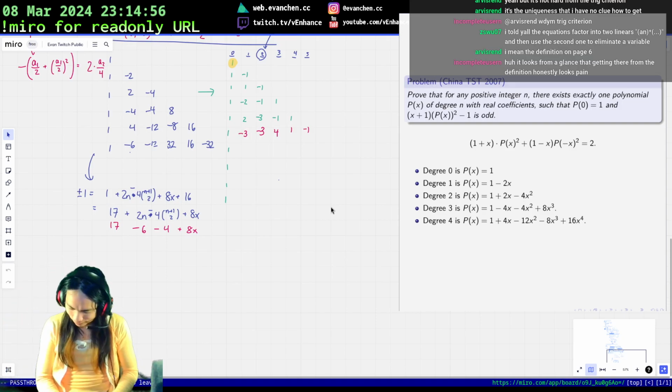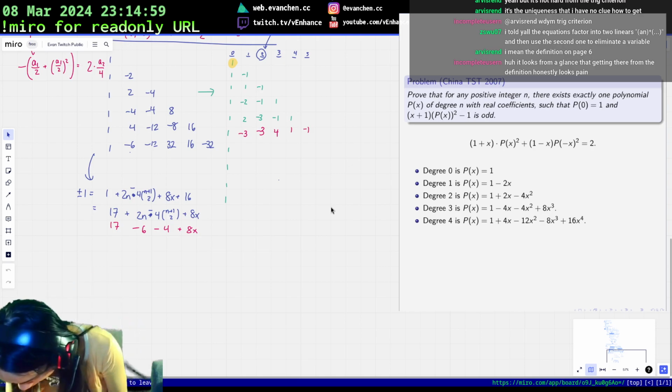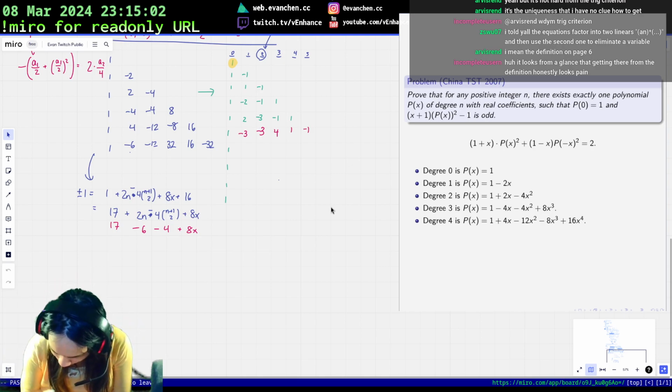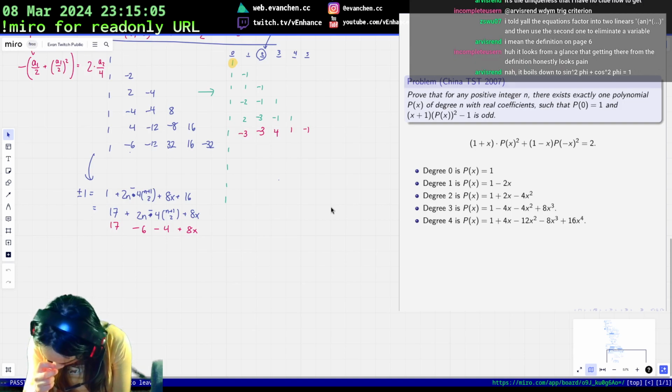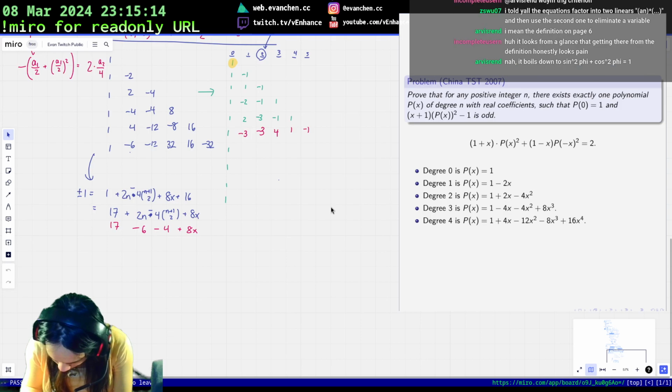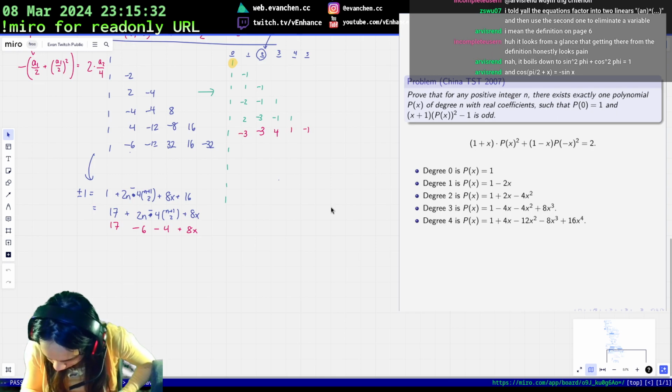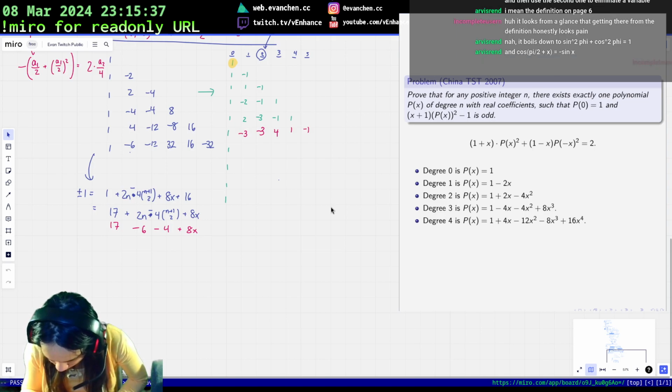Okay, so I still don't really know what's going on, but I know that the second column consists of binomial coefficients, things choose 2.